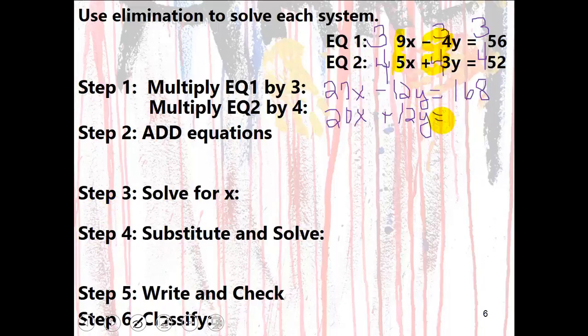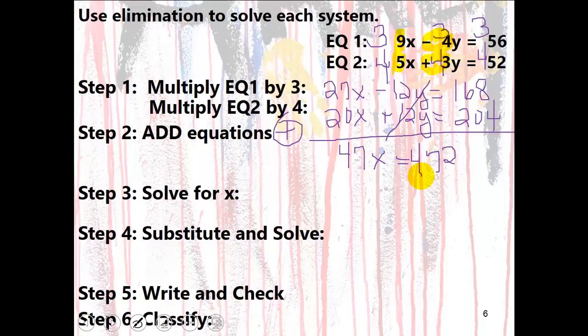Is equal to, what is that, 204? Now I'm going to add these equations together. All right, and I get 47x, the y's drop out, is equal to 472. Divide that by 47.